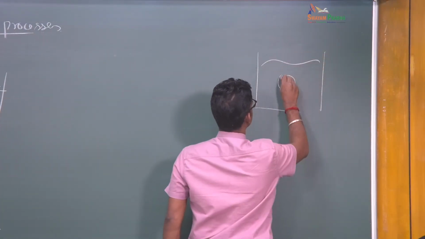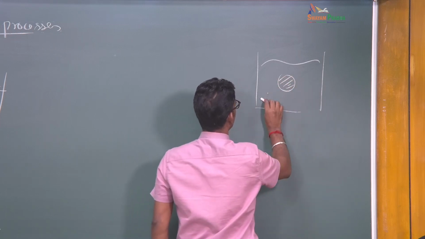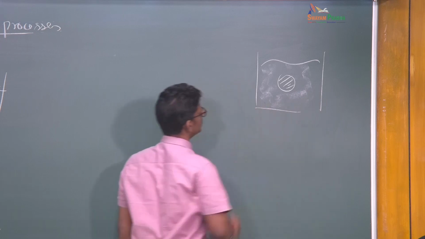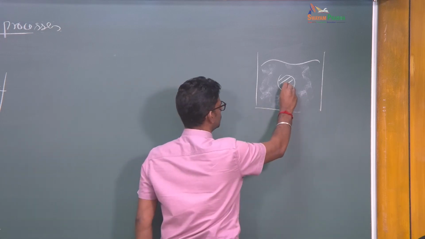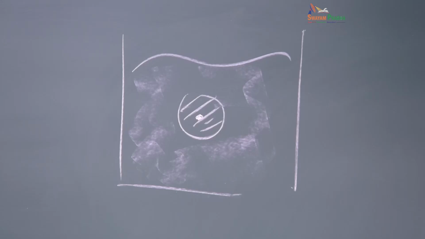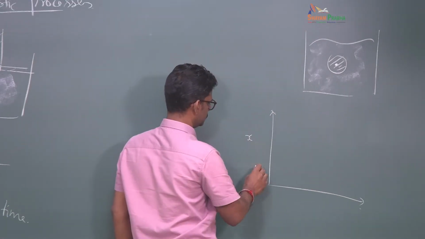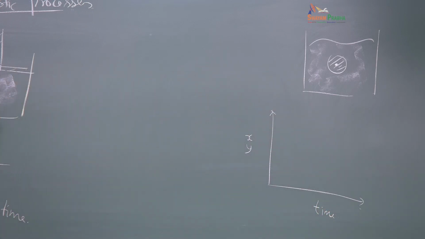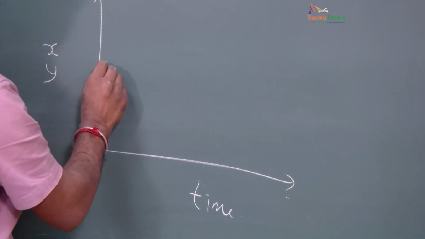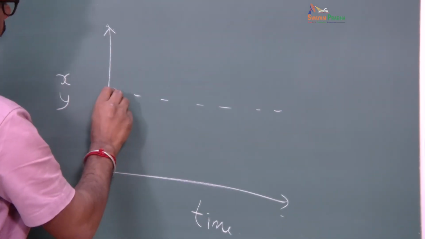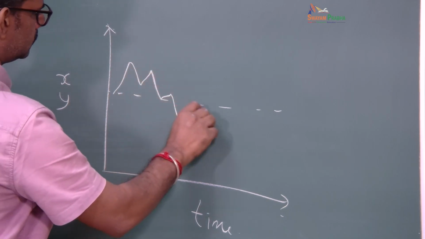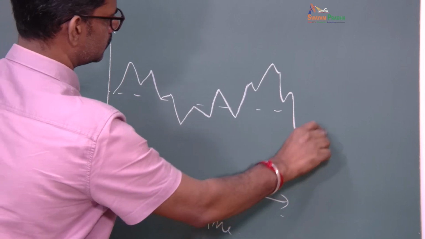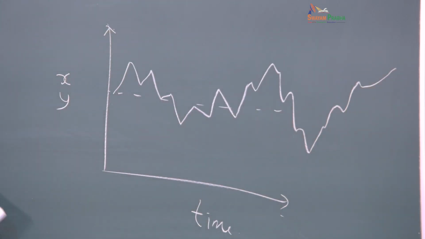if you have a particle suspended in a liquid, and then you are looking at the center of mass of this particle as a function of time. Okay, when you see that, you will see this kind of a character.